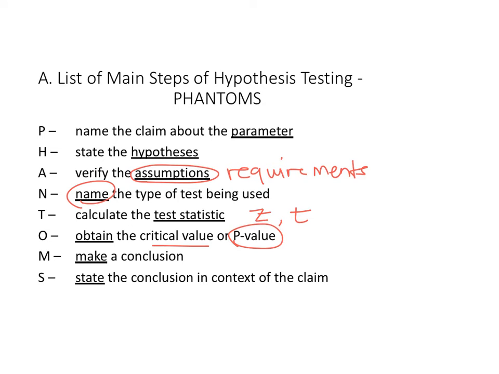And then we're going to draw our conclusions and state that conclusion in the context of our situation. You kind of did that with a confidence interval when you said, hey, we're 95% confident that, but you had to explain what you're representing: the mean of this or the proportion of that.